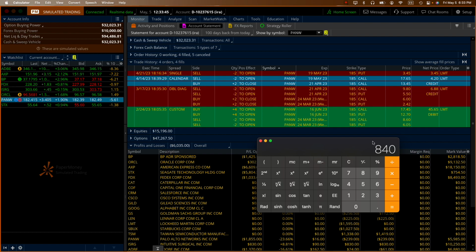Let's clear the memory and add it. And here we're given a credit of the put, $3.45 times 2. So 3.45 times 200, and we add that to our memory recall.